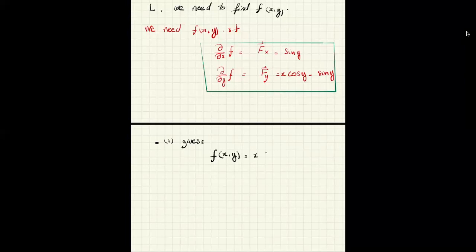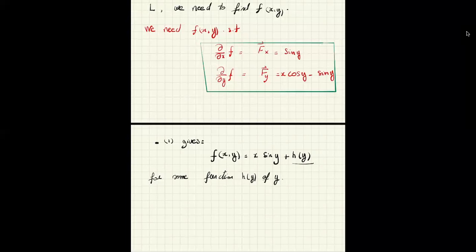x sine y plus h(y), or some function h(y) of y, because this is now a constant, right?